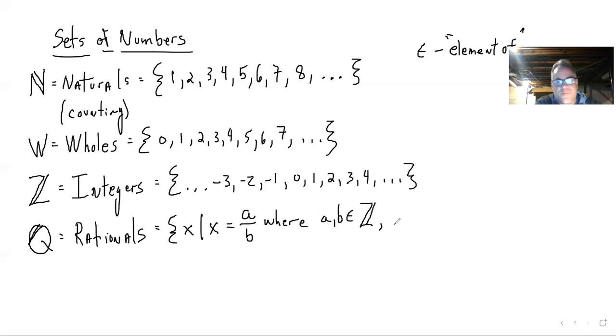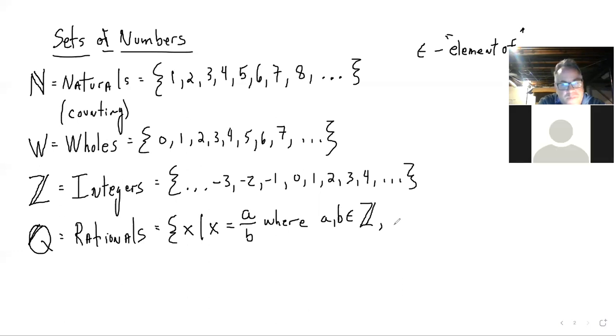There's only one number you can never divide by. Zero. That is it. You can never divide by zero. So we'll put in a little extra rule here: B cannot equal what? Zero.